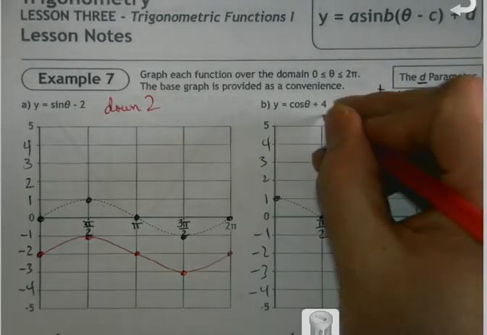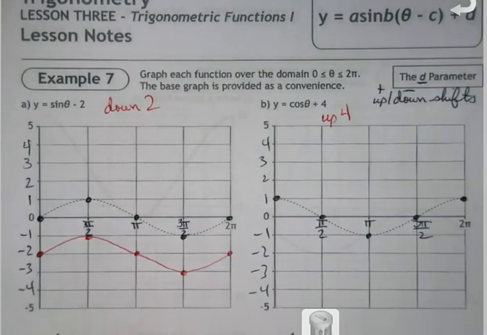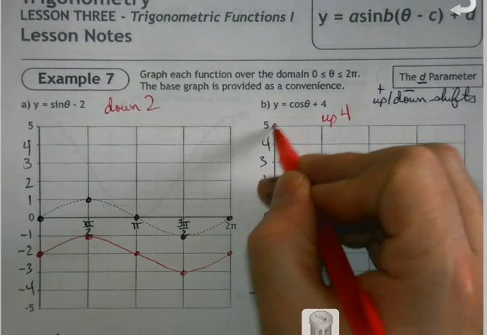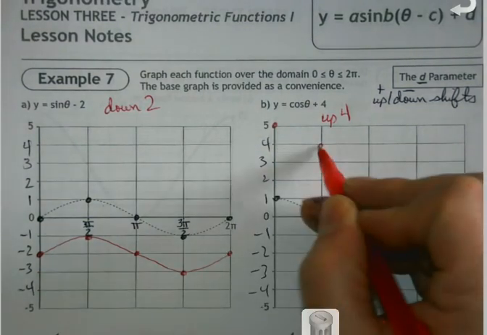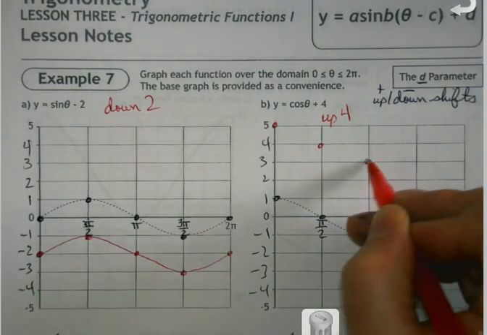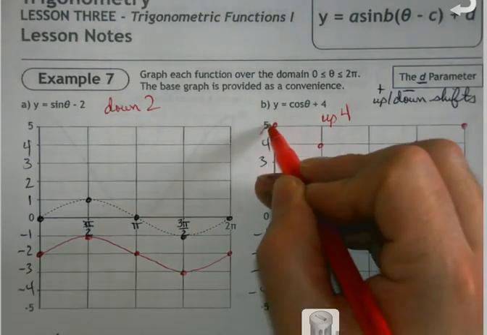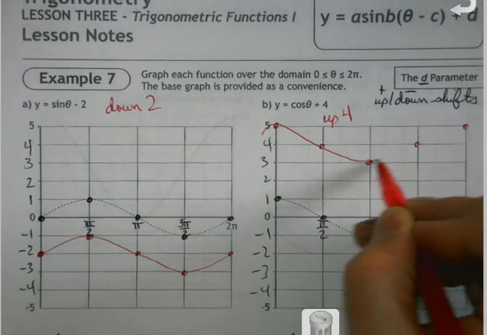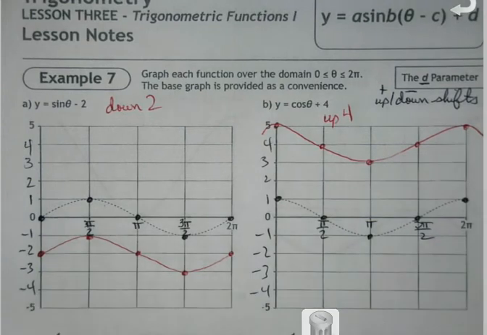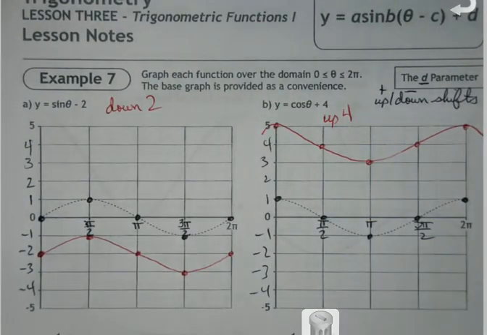Up 4, because it's plus 4. Every one of those points goes up 4 from where it was. Again, symmetrical to the original, just moving up or down. And that's how the D parameter is going to work.